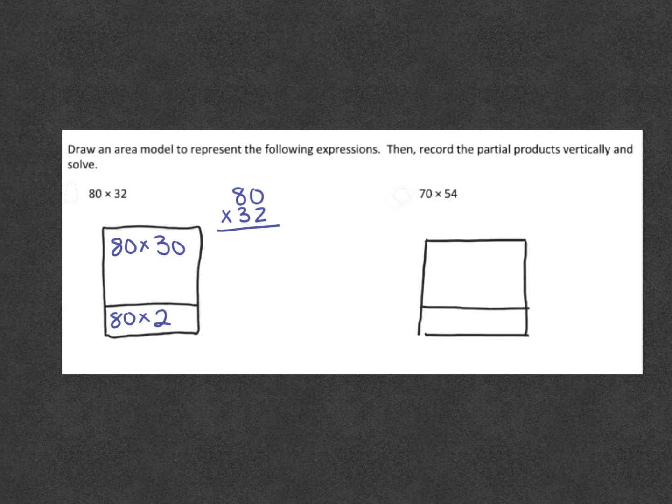2 times 0 is 0. 2 times 8 is 16. So we're going to put the 1 and the 6 right here. Next up, we have to remember to put our place marker, since we are now multiplying by the tens place. 3 times 0 is 0. 3 times 8 is 24.